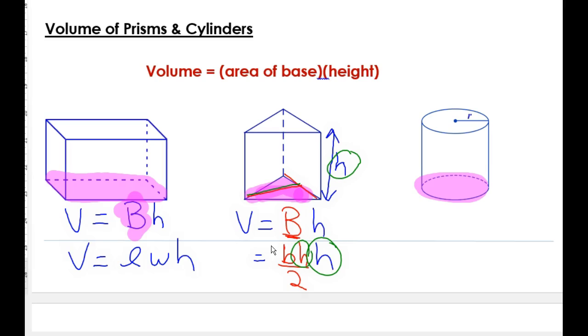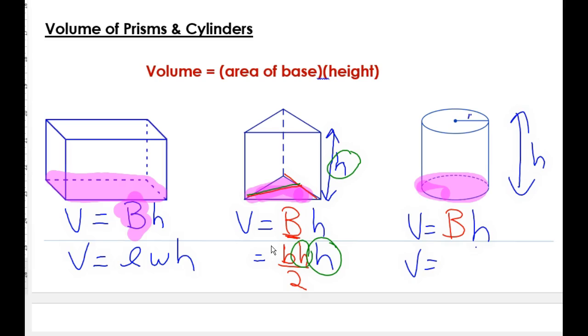So moving on. When I look at my cylinder here, I'm going to use the same basic formula to find the volume of a prism. So the volume is going to be equal to the area of my base times the height. In this case, the base happens to be a circle, and the height again is just the height of the prism itself. Since the base is a circle, well, what is the formula for the area of a circle?